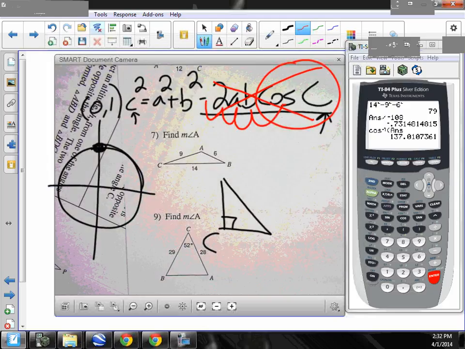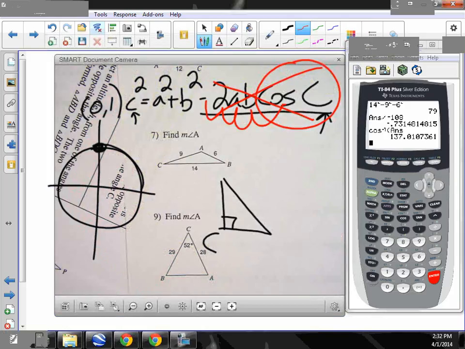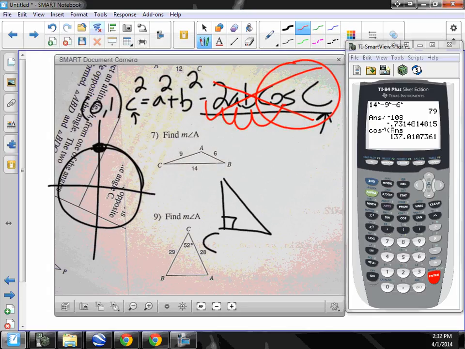So the Pythagorean theorem is actually a special case of the law of cosines. It's the case where the angle you're looking at is a right angle, in which case the negative 2ab cosine C drops out. Now, Pythagoras didn't know that. We found that out later, but it's just a specific case of the law of cosines.